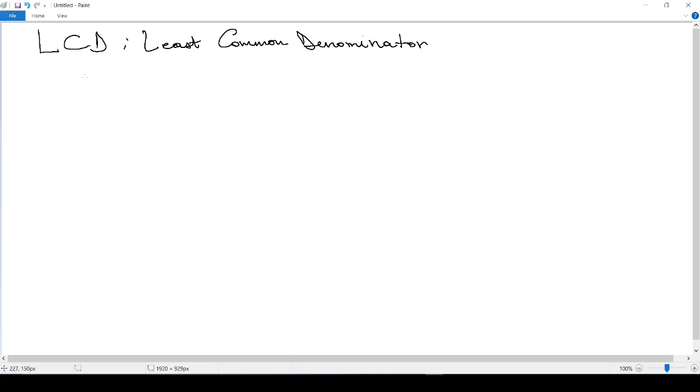Let's say we have the fraction 1/3 plus 2 over 5. Here the denominators are different. They are not like denominators, so we cannot just perform the addition like we said before.